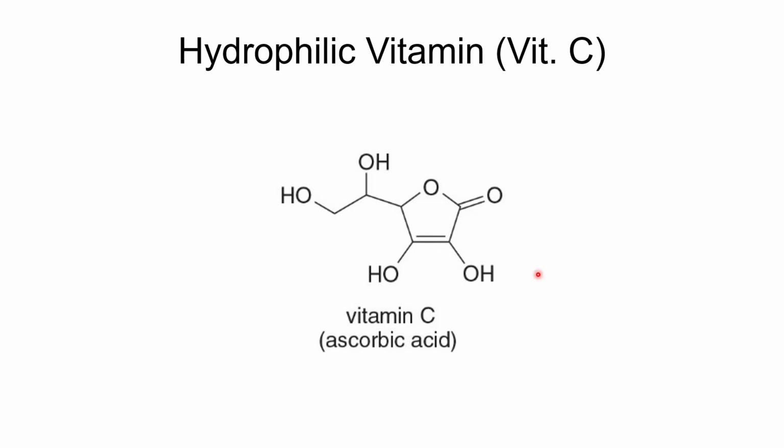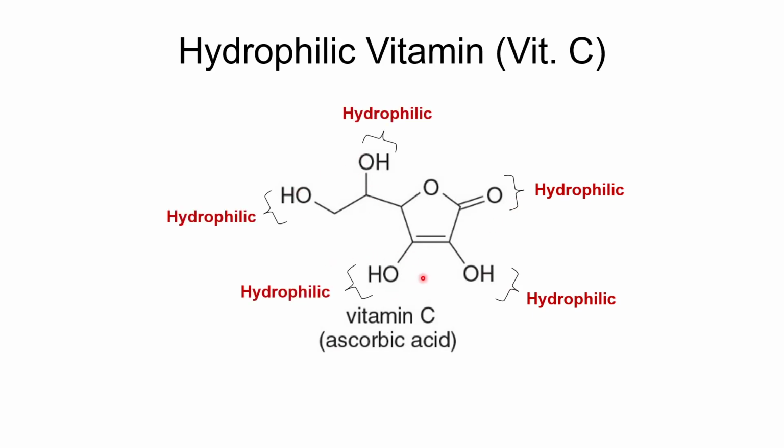Vitamin C, on the other hand, is very hydrophilic. It's got OH, it's got the carbonyl here, and a couple other OHs there. And all of those are capable of hydrogen bonding with water. And so vitamin C, or ascorbic acid, as we like to refer to it, is very soluble in water.